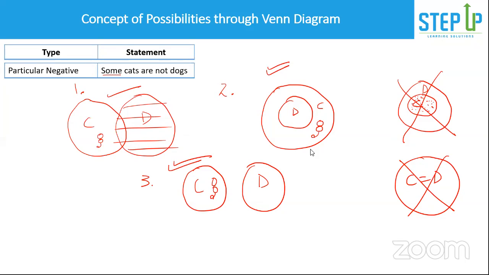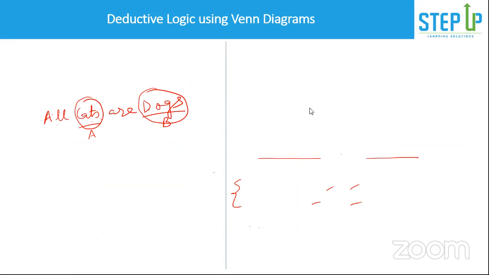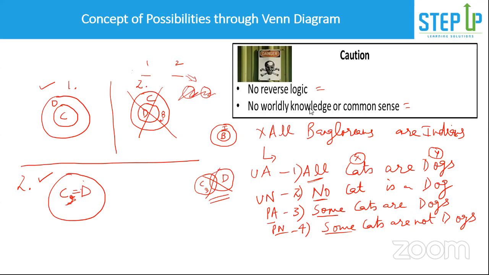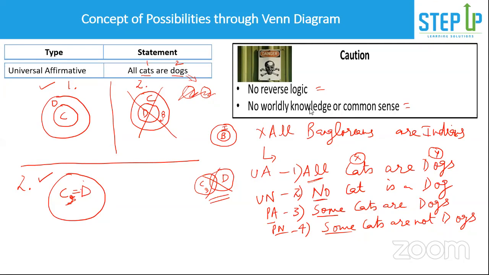Now, one more thing. So far, we have only discussed the possibilities. This means now I want you to revise this. I want you to write in your notebook and really revise it. For the first statement, which was all cats are dogs, we did two possible diagrams, correct?